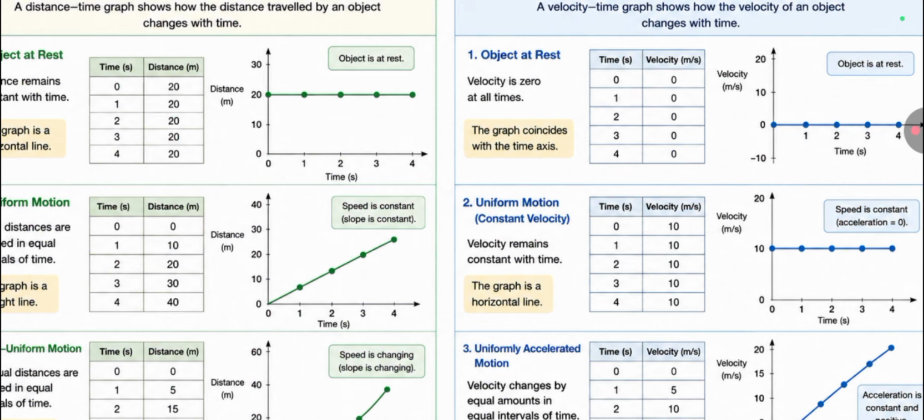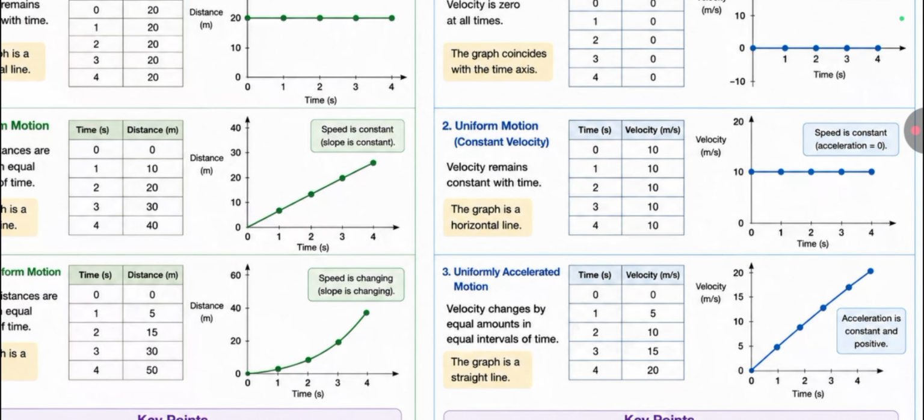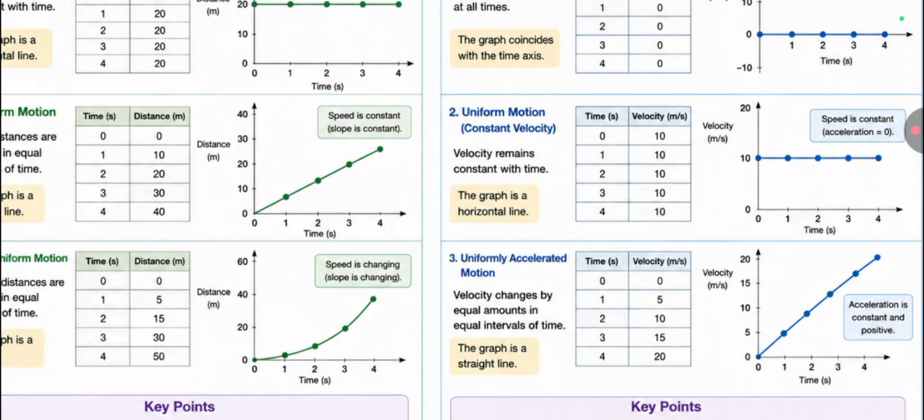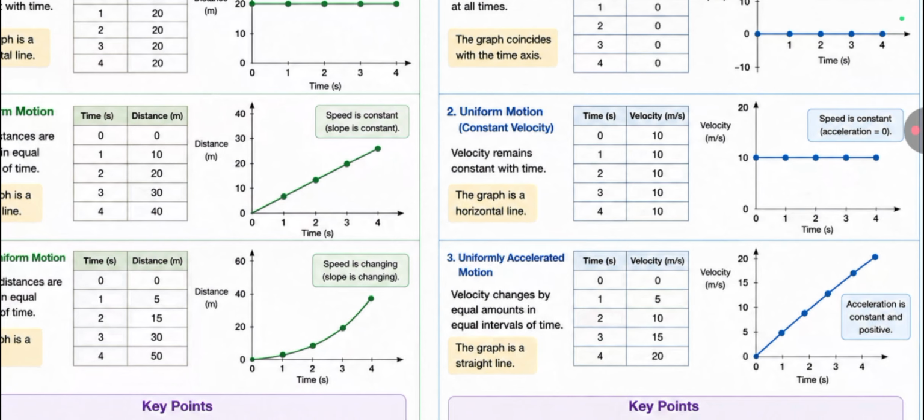In the second case, uniform motion, the velocity is constant, so the graph is a horizontal line. Velocity remains constant with time.